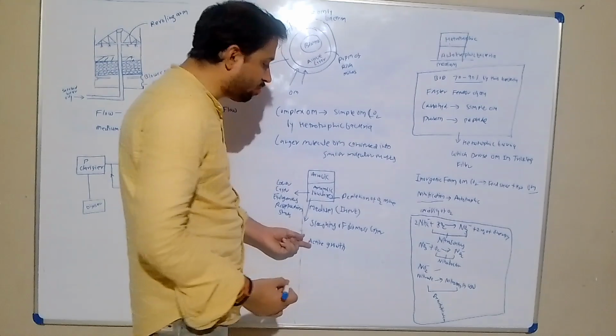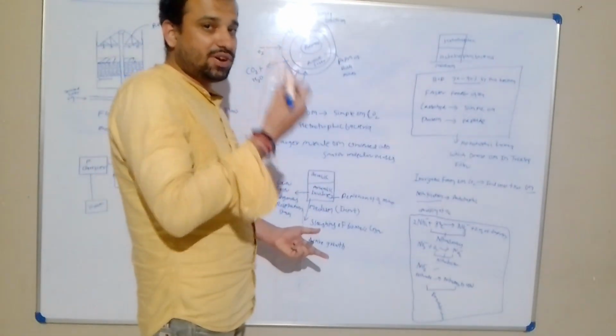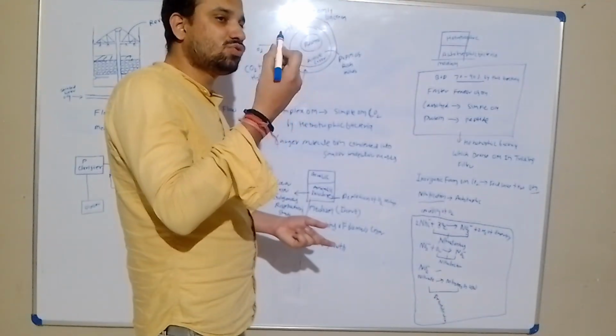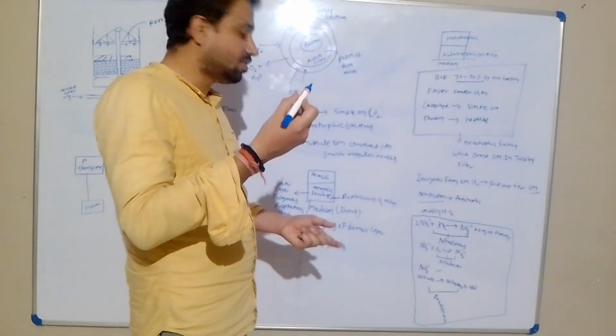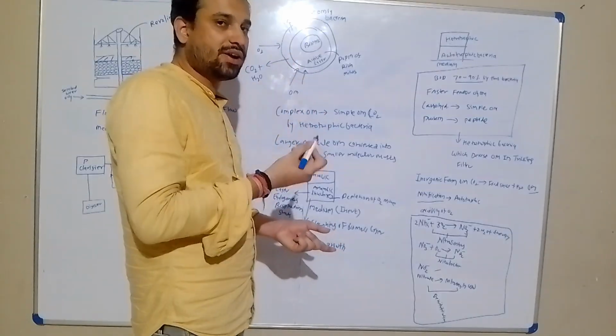which removes the insoluble substance of organic matter. So the trickling filter is designed to remove the insoluble or soluble organic matter.